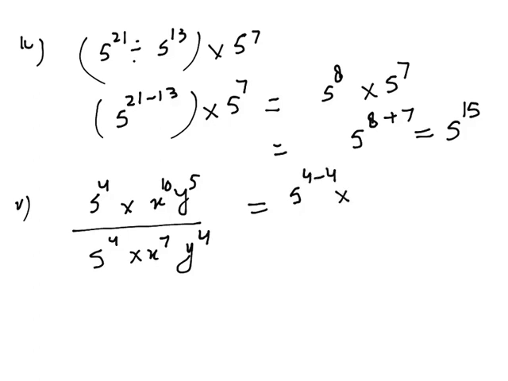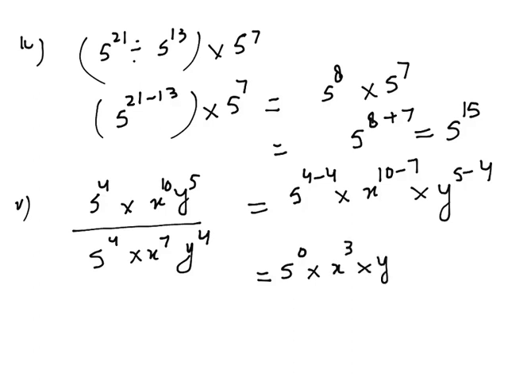Next we have x raised to the power 10 minus 7. Next we have y, 5 minus 4. So we will just collect the variables or numbers with the same base. Now it will give us 5 raised to the power 0 times x raised to the power 3 times y raised to the power 1. We know anything raised to the power 0 gives us 1. So we will get x raised to the power 3 times y, and we can write it as x cube y.